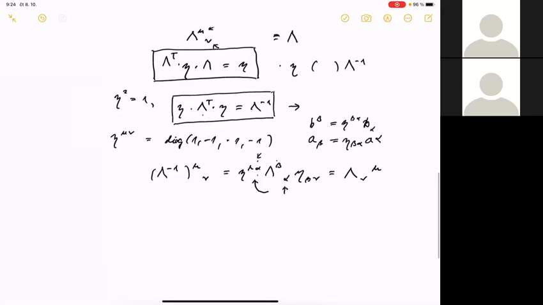Fine. What can we say about the topological structure of this Lorentz group?